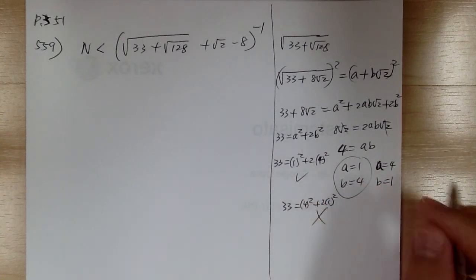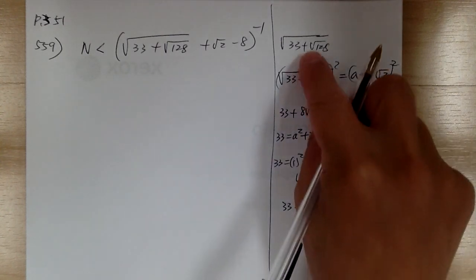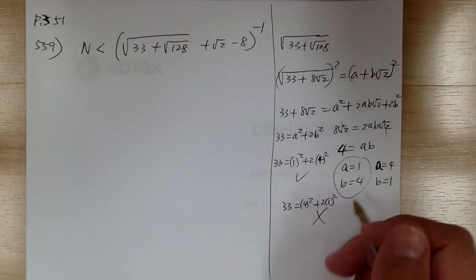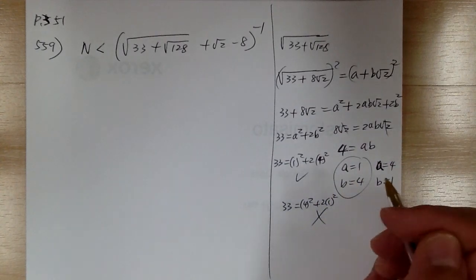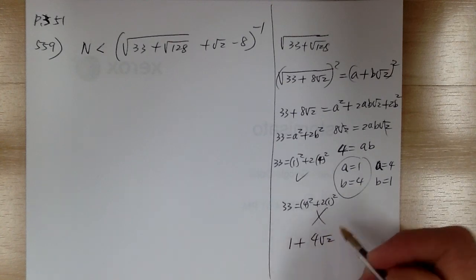This one doesn't work. Okay. So the one you're looking for is this one here. So therefore, a equal to 1, so it would be 1 plus b equal to 4, 4 square root of 2. Okay?